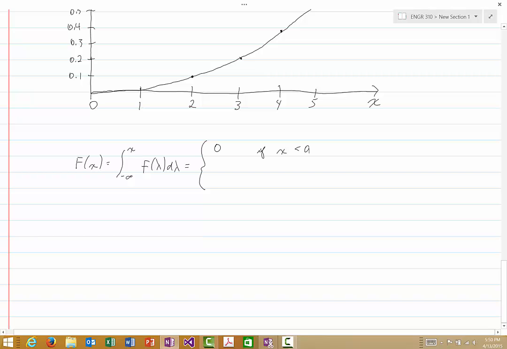So if this little x here is some number less than 0, then we would be integrating just 0, and we would get 0. But actually, we'll consider 3 possibilities here, so let me change this bracket.